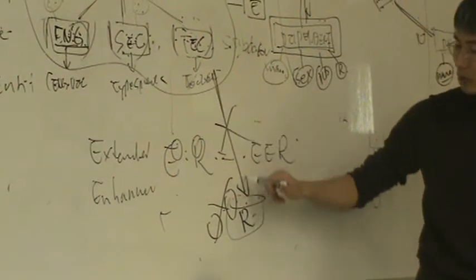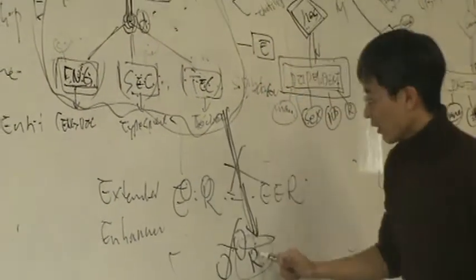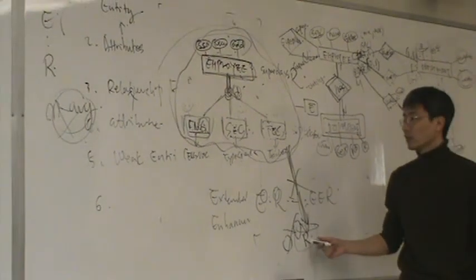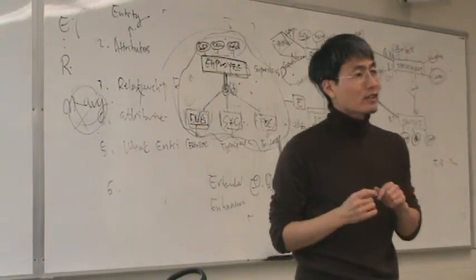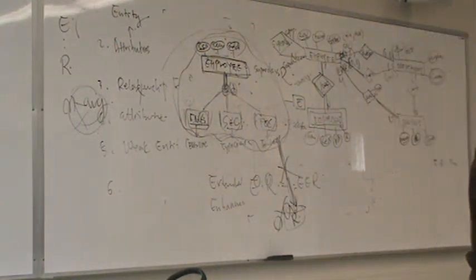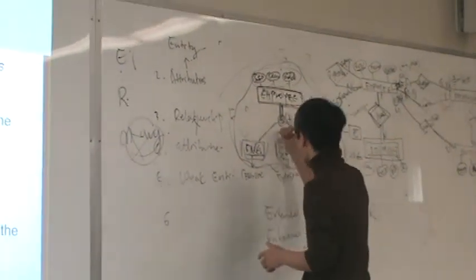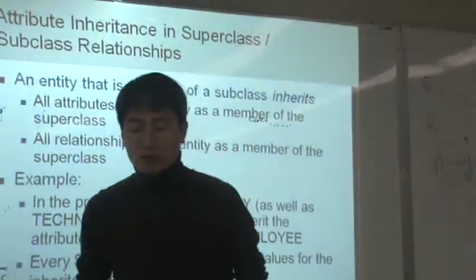So eventually we need to change this kind of format to the relational model that we always do. However, the super and subclass relationships are very useful to represent very complicated concepts. We will discuss a little bit more about the extended enhanced ER modeling in the next class, Tuesday.